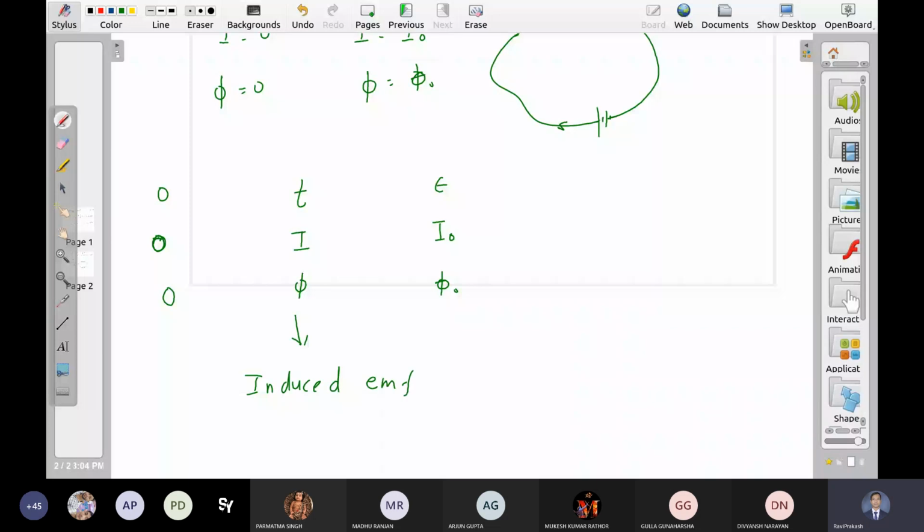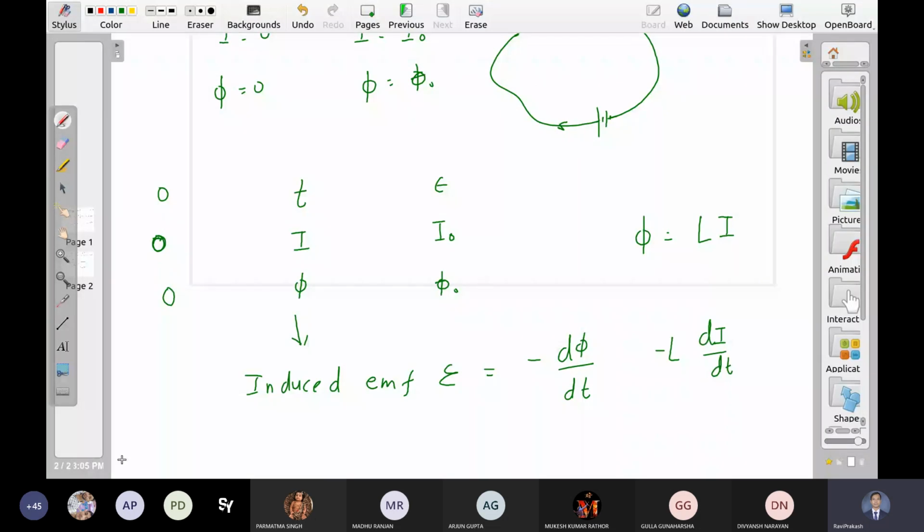Let us say E is equal to minus d phi by dt, right? What is phi? Phi is equal to the self-inductance of the circuit times the current at that time. So E is minus L di by dt.